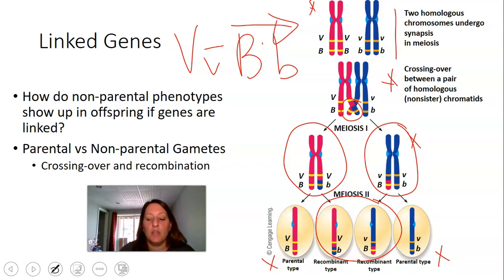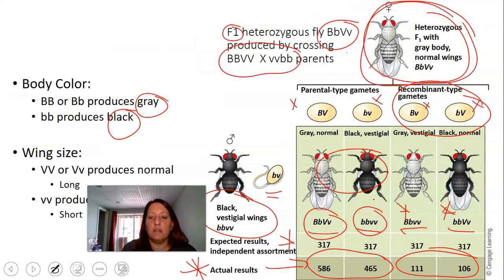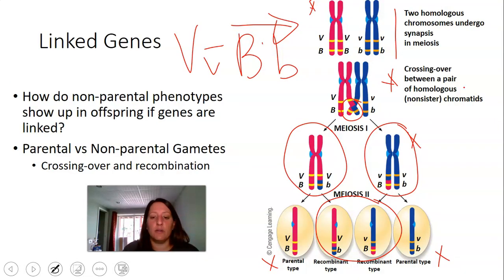If we go back here, again, these are the recombinant types shown up here. Recombination is a chance event, a random event. We can actually calculate how often it occurs based on the numbers of resulting offspring. So let's go there next.